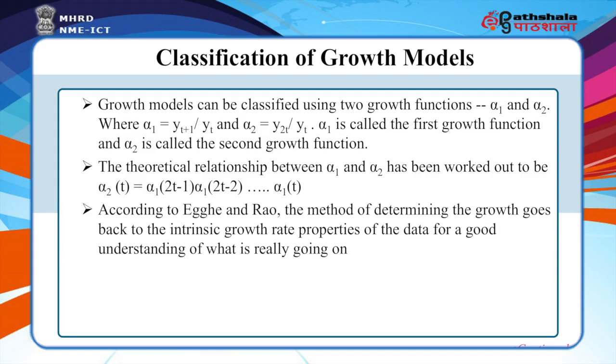According to Egghe and Rao, the method of determining the growth goes back to the intrinsic growth rate properties of the data for a good understanding of what is really going on.